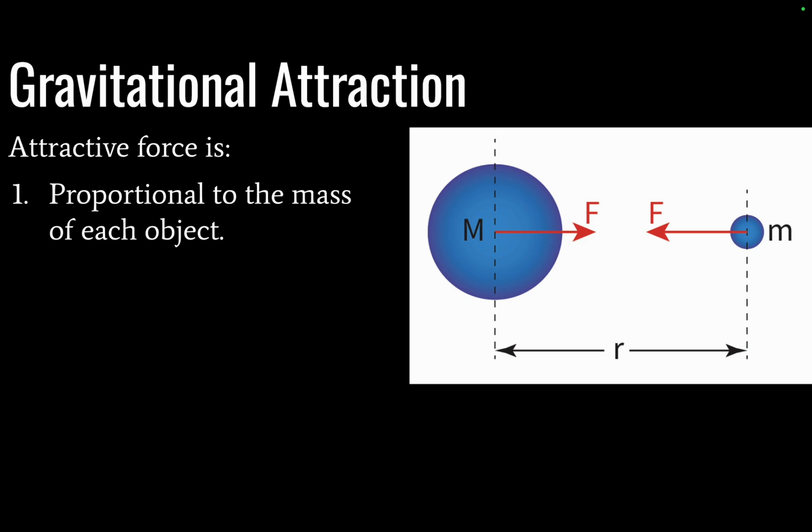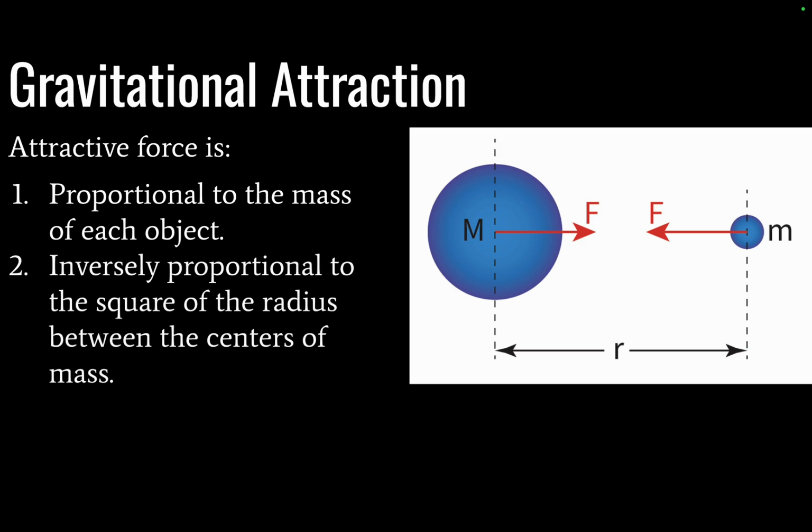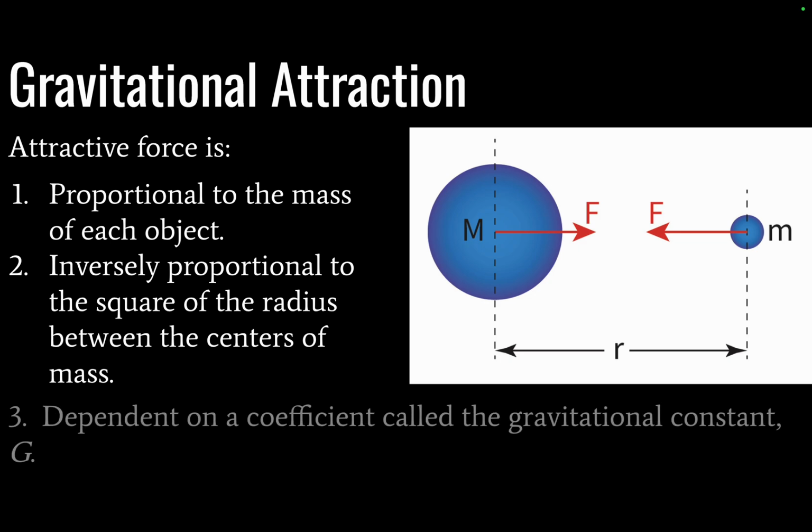The first is that attractive force is proportional to the mass of each object. As mass increases, then attractive force should also increase. Two, inversely proportional to the square of the radius between the centers of mass. And third, dependent on a coefficient called the gravitational constant, which is called G in your data booklet.